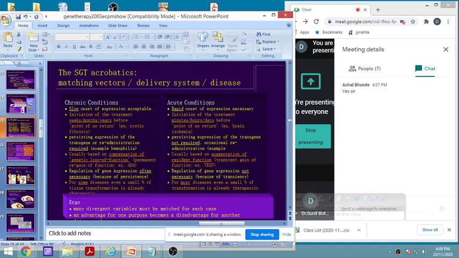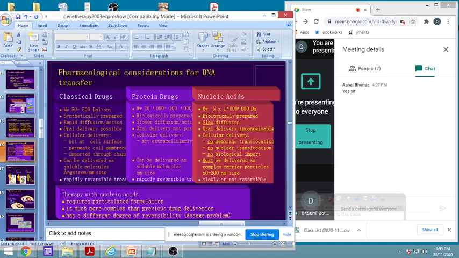So we have seen various conditions: either we need it for chronic conditions or for acute conditions, and we have seen the difference between chronic and acute conditions.